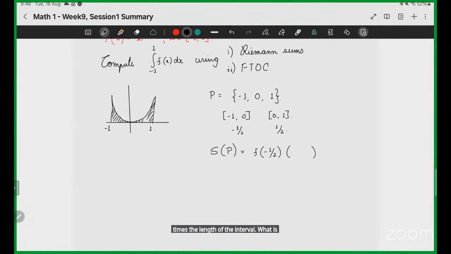What is the length of the interval? One. Minus half.